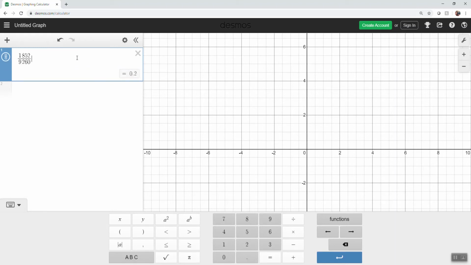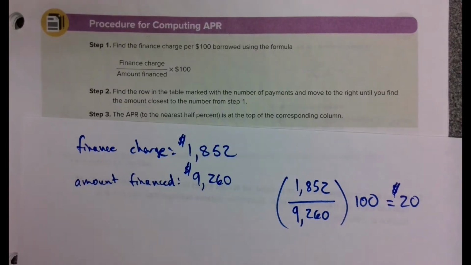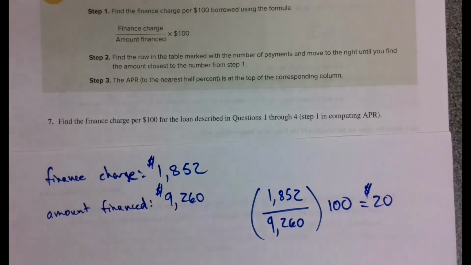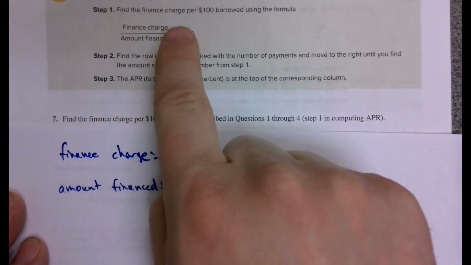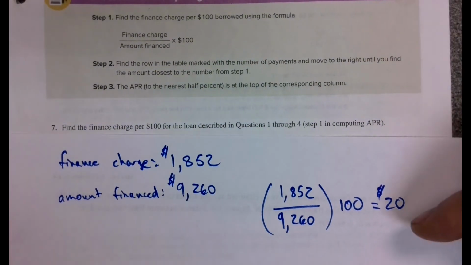So that's 0.2. When we multiply by 100, we get $20. So what we're saying is the finance charge per $100 is $20. Every $100 we borrow, we're going to get charged $20 to do that.